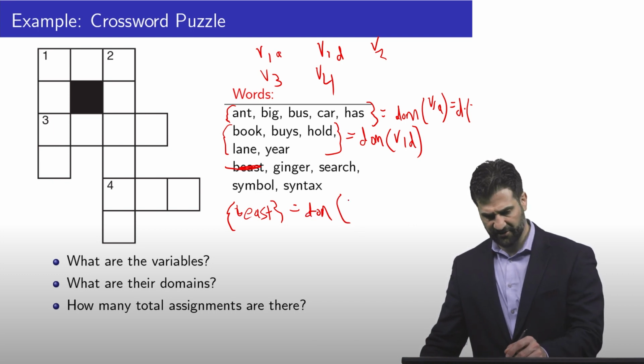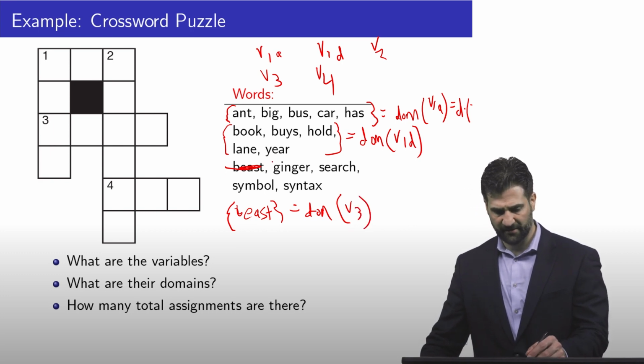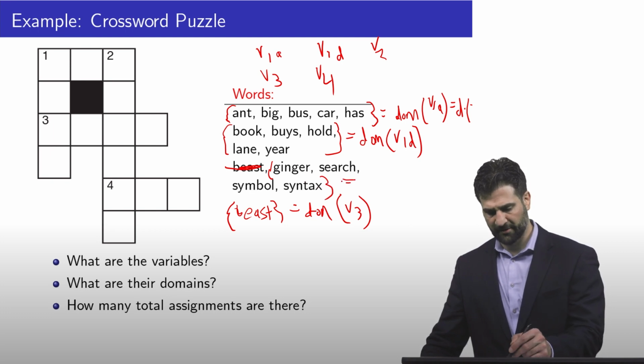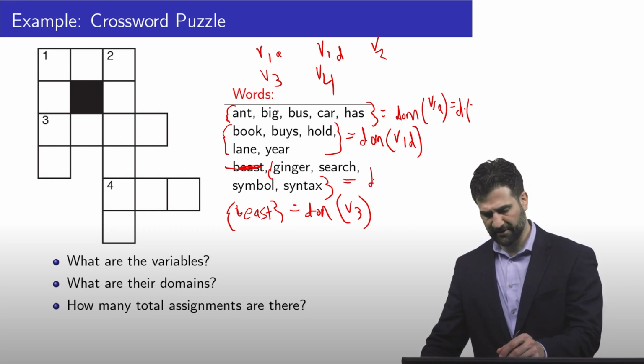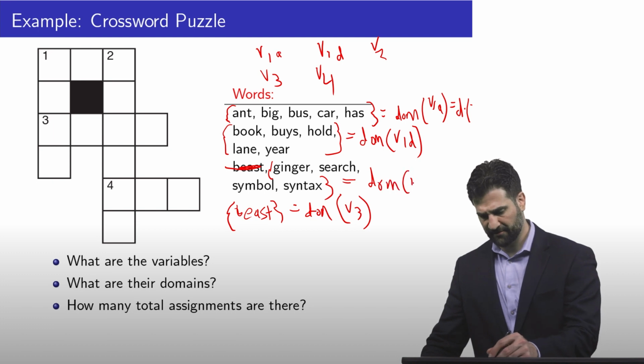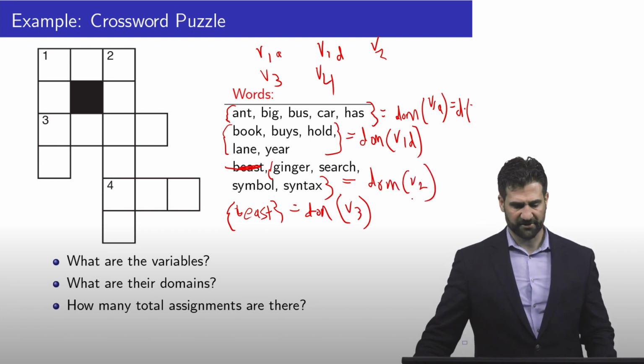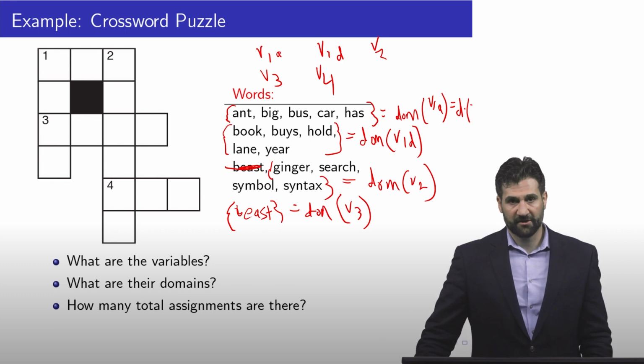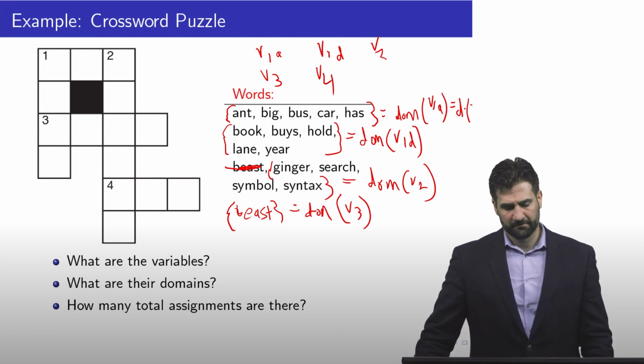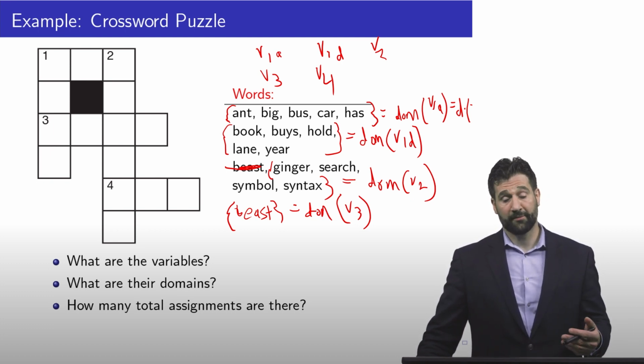And that is V3. And then the rest, 1, 2, 3, 4, that's going to be the domain of V2, because 6-letter words.